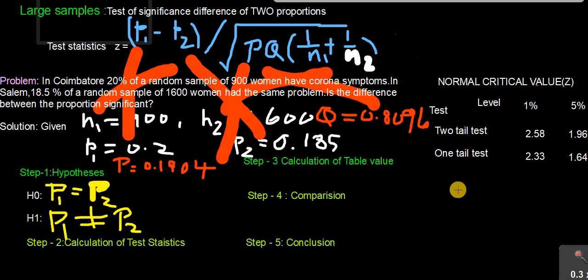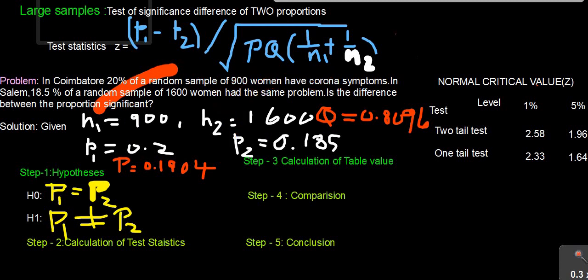Okay, so if you substitute all these things in the above statistical formula, can you give me the answer for that? What is the final answer when you substitute these values in the formula? Okay, you just substitute and tell. Okay, you do that and check whether my answer is correct or not.